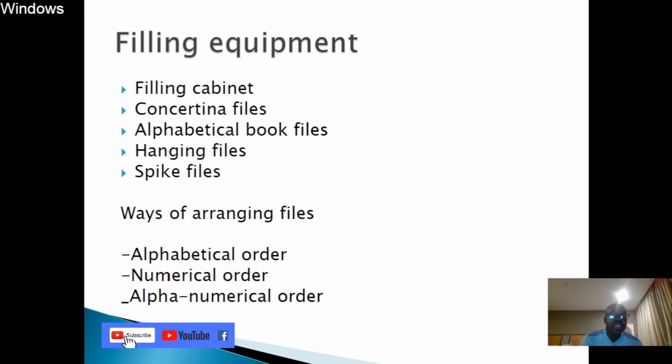We will then need to be able to arrange the files. Remember, with personal classification, geographical classification, and subject classification, we're actually classifying those documents to say these documents belong to a certain person. We're going to classify them according to their names and surname.